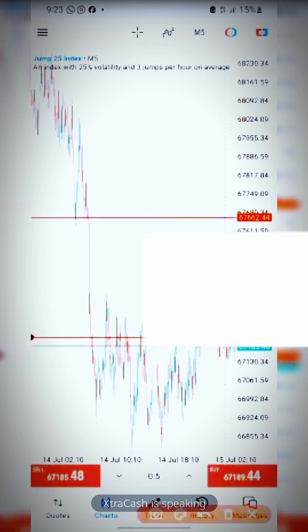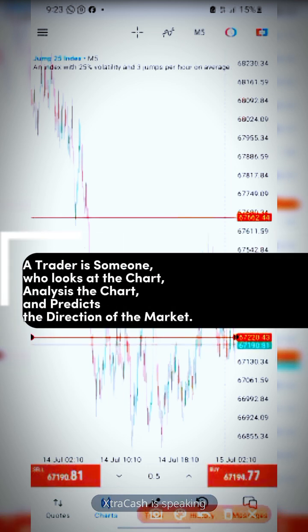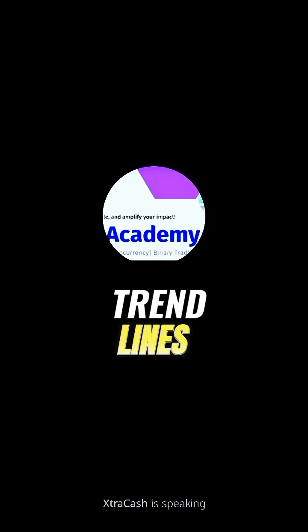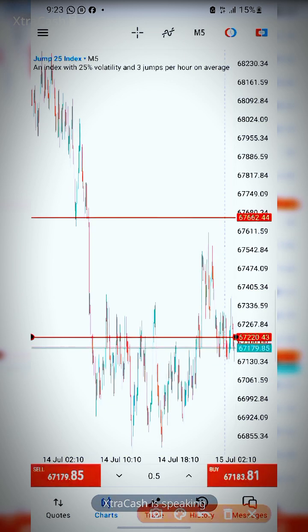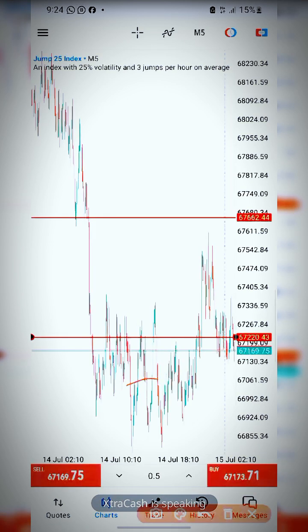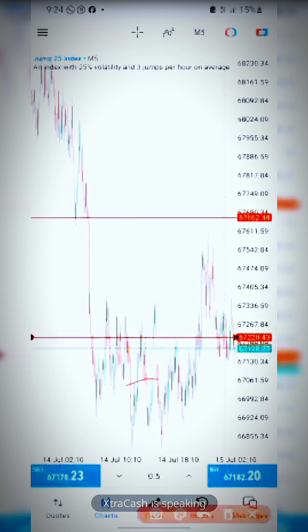Who is a trader? A trader is someone who looks at the chart, analyzes the charts, and predicts where market is going. You will look at the charts and say this market, you are either buying or you are selling. And one of the things you factor in is, they say when the market is trending, it is always better that you join the trend.